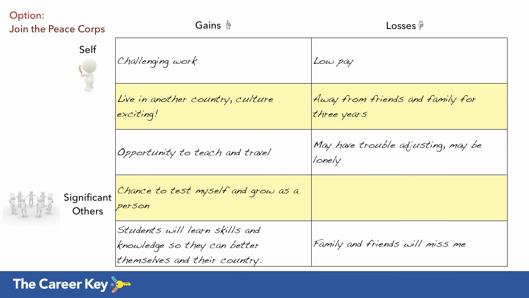It was one of my career options. These are the gains and losses to myself and others. As a gain, I thought it would be challenging and interesting work, and I would have the opportunity to teach and travel. But on the other hand, I would make little money and might be lonely.